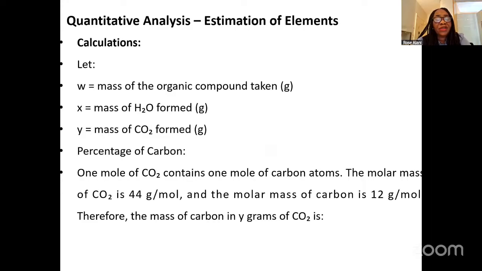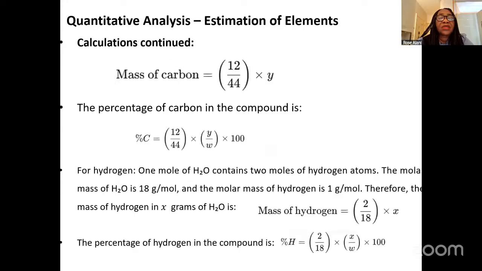The molar mass of carbon dioxide is 44 grams per mole, and the molar mass of carbon is 12 grams per mole. Therefore, you can calculate the mass of your carbon as follows. Just put in your values and you get the mass of your carbon.